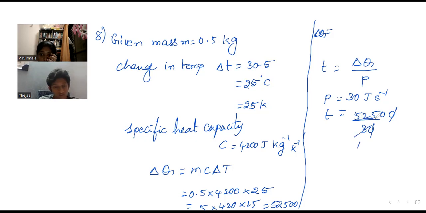3 ones are 3, 2 22, 7s are 5s are 0. 1750 seconds it is. Then convert into the minutes, divided by 60.